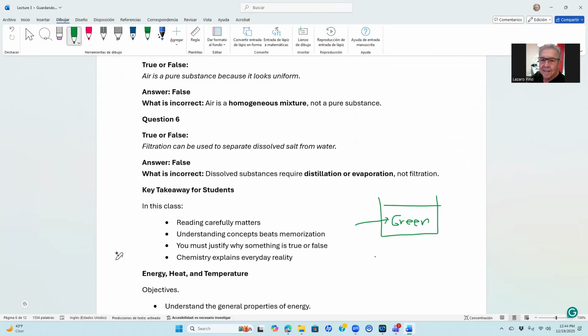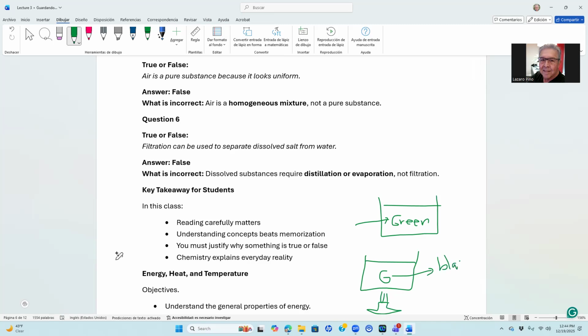But be careful, because sometimes you have a green substance and you begin heating this substance, and what happened? Well, the color changes from green to black.